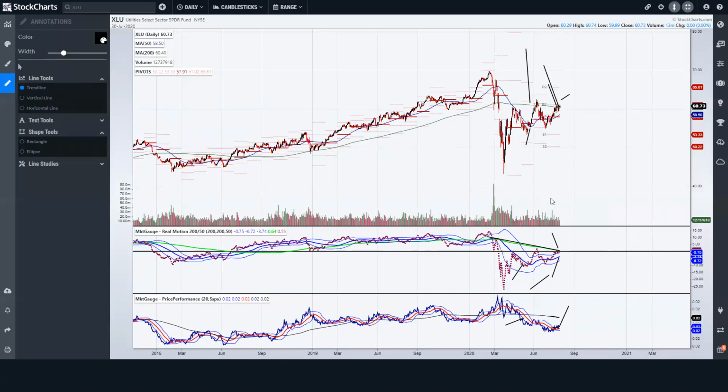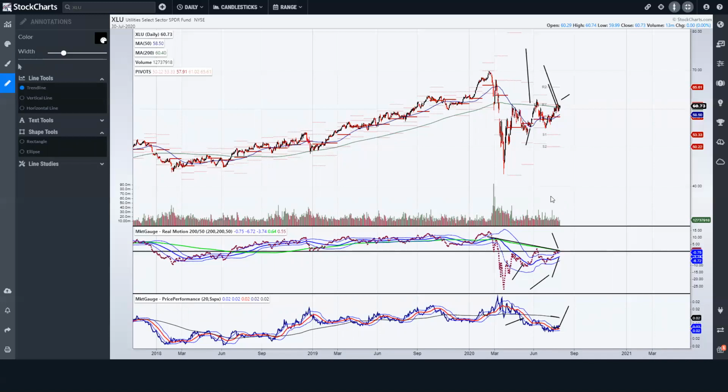And since price leadership often is confirmed early on by the real motion, what's interesting is the utilities are showing it's hit the upper band in real motion.